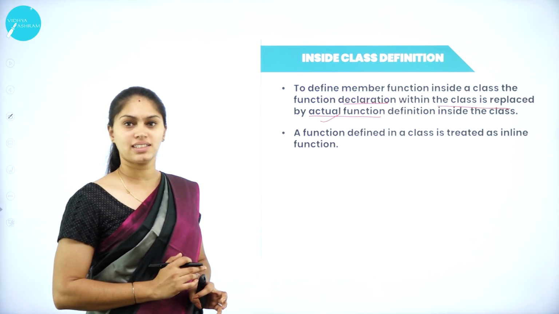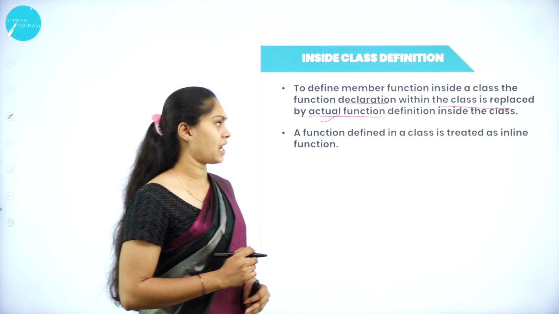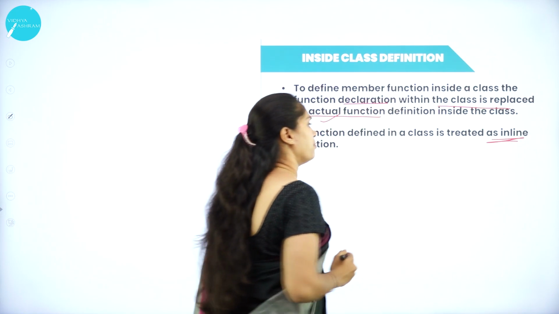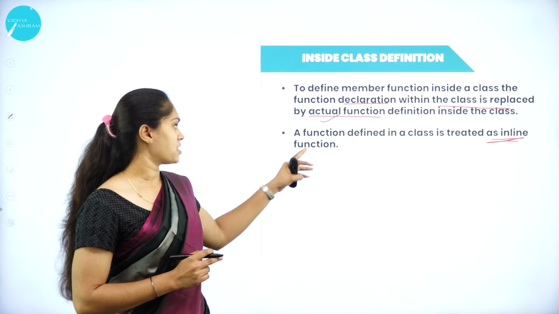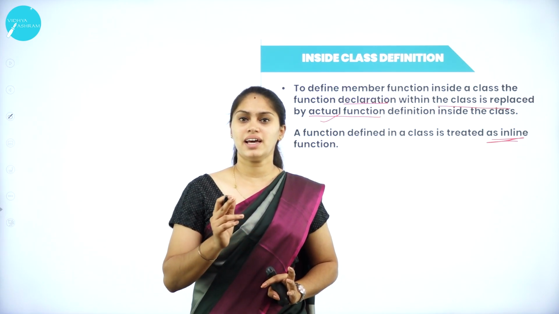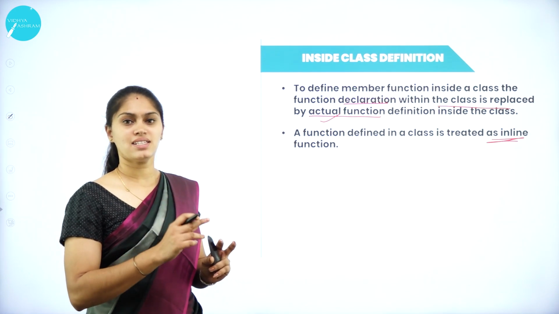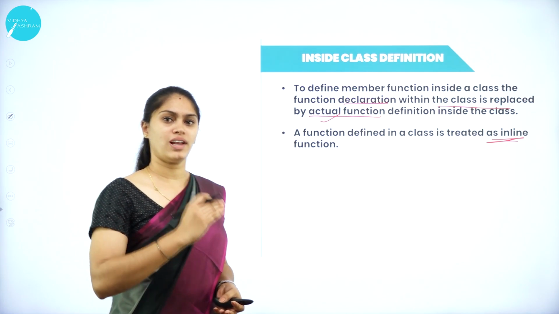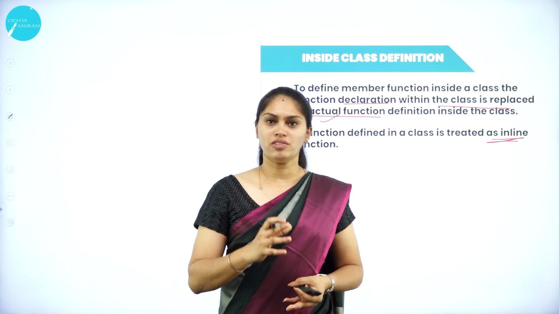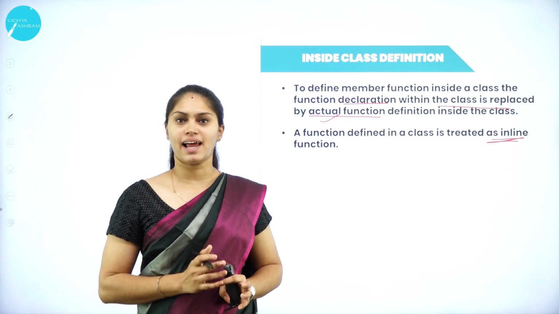I will show you one example program so that you can understand that. A function defined in a class is also known as an inline function. Remember this one. What do you mean by inline function? A function which is defined inside a class is known as what? Inline function. And here you have to remember one thing. We can use only a short function inside the class definition. It should not be lengthy or complex. So in order to use short functions in our program, we have to go with defining them inside the class definition.